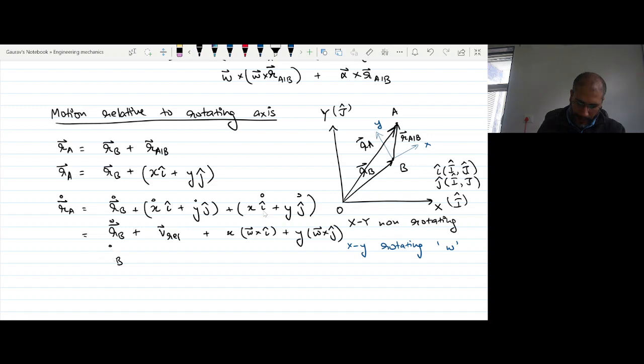Now RA dot is simply VA, RB dot is VB, and then we have the relative velocity component. And now what we can do is write this as omega cross xi plus yj. And remember, xi plus yj was nothing but RA relative to B.